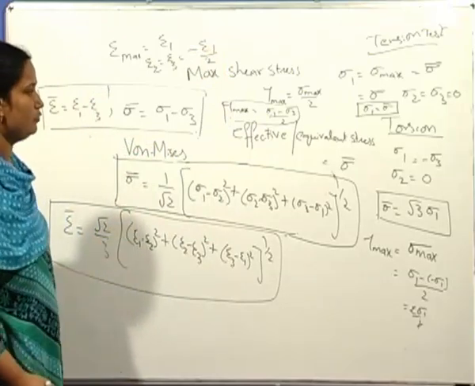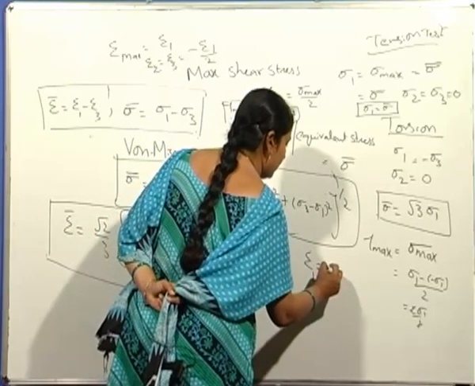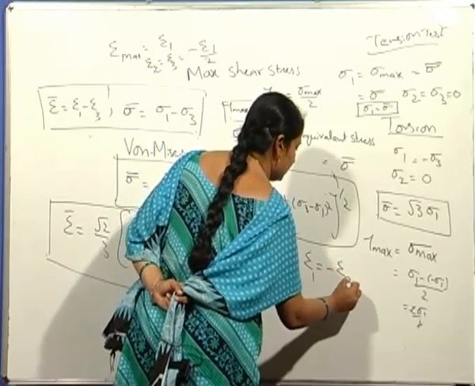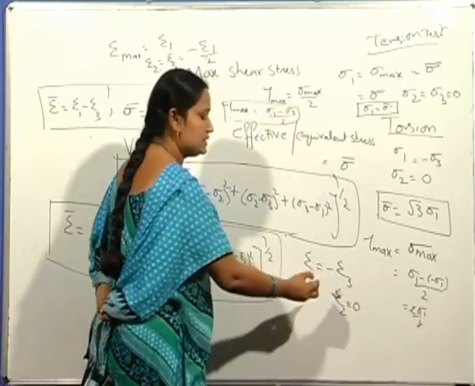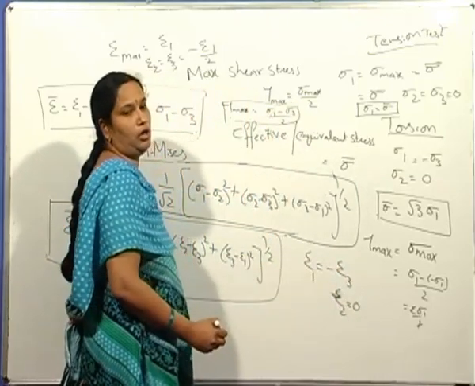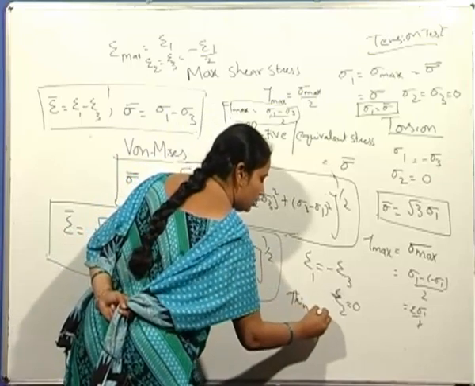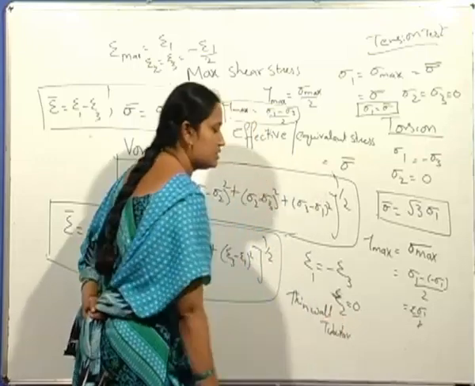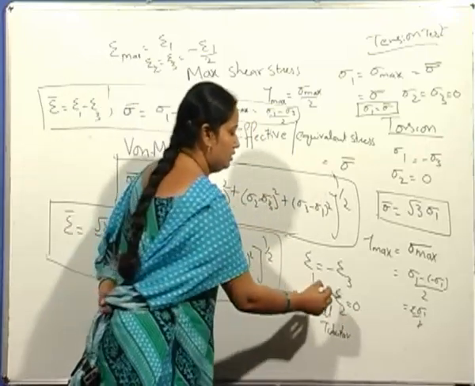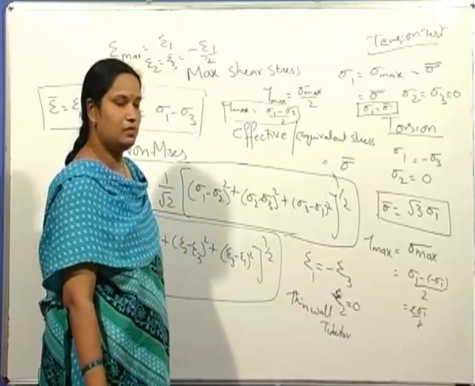And for the case of torsion, we have epsilon 1 is equal to minus of epsilon 3, where epsilon 2 is equal to 0. This is for the case of thin-walled tubular sections. For the case of thin-walled tubular section, there is no strain along the intermediate direction. Epsilon 2 is equal to 0.